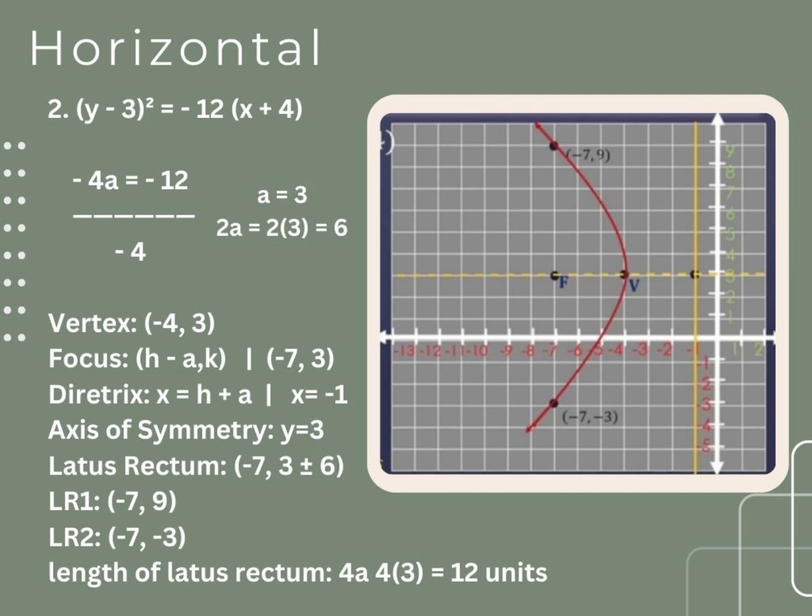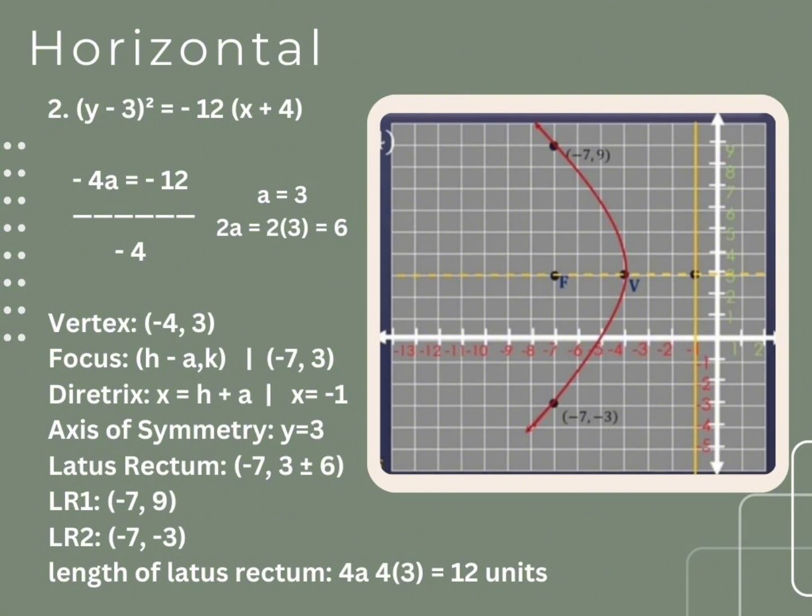The standard form for a parabola opening left or right with vertex (h, k) is (y minus k) squared equals positive or negative 4a times (x minus h). Comparing, we see h is equal to negative 4 and k is equal to 3. So the vertex (h, k) is (negative 4, 3).